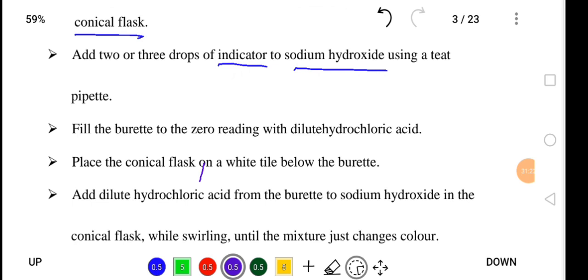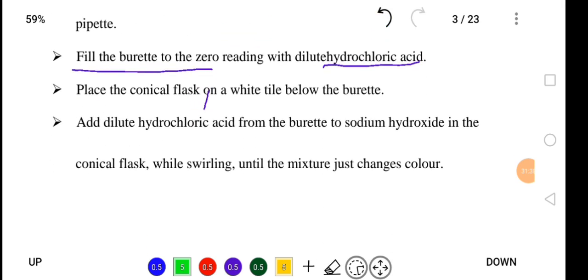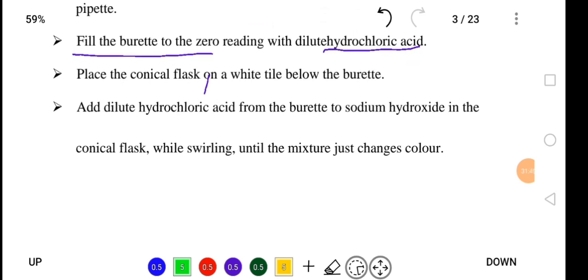When you do that, the second step, you are going to fill the burette to the 0 reading with dilute hydrochloric acid. When you do that, you are going to place the conical flask on a white tile below the burette.